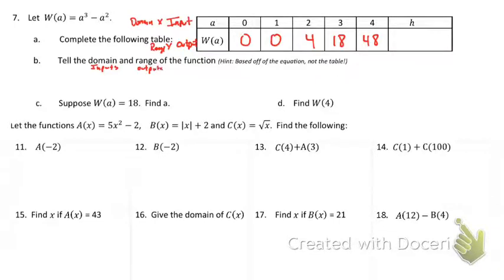So here's the biggest thing you have to understand. Unless it's a very unique equation, most equations that we have up here, especially this one, our inputs will always, 95% of the time, be all real numbers.